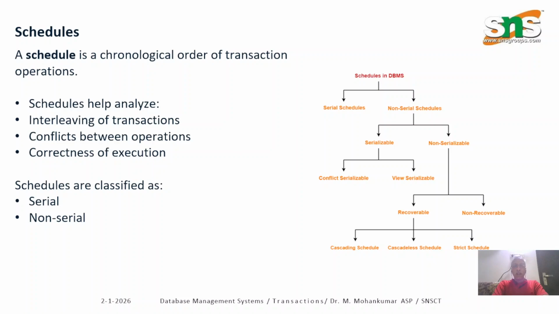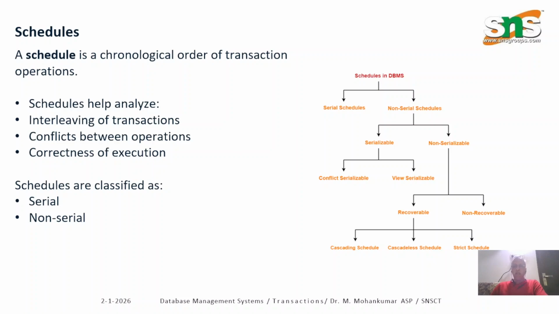Schedules are classified as serial and non-serial schedules. Serial schedules are the sequential flow of activities, so it does not have much importance, but we have to follow some chronological order. The non-serial schedules are again divided into serializable and non-serializable.